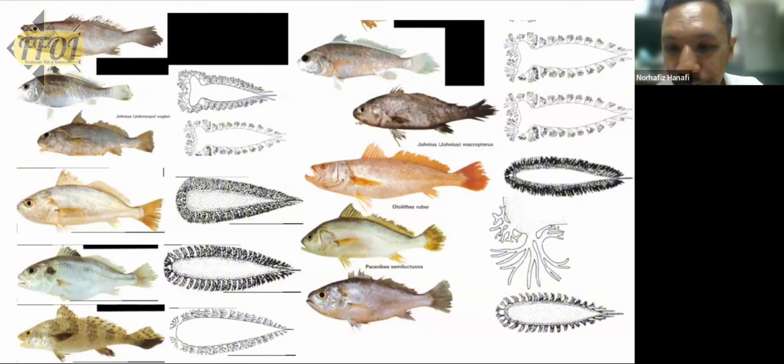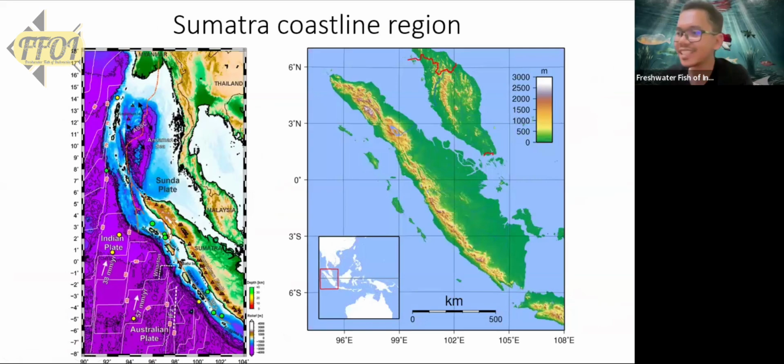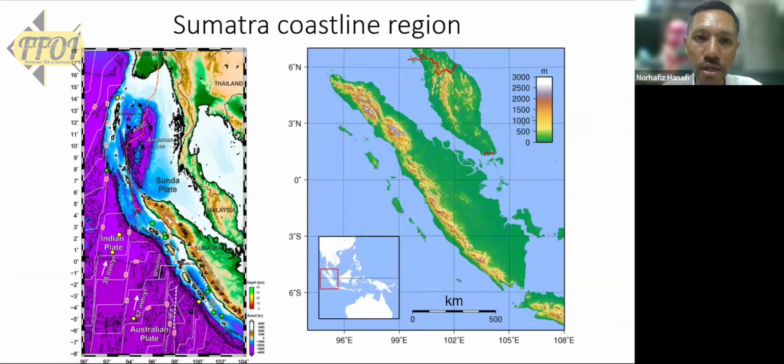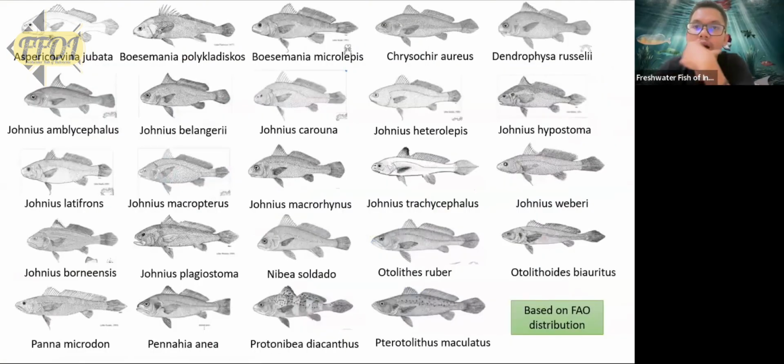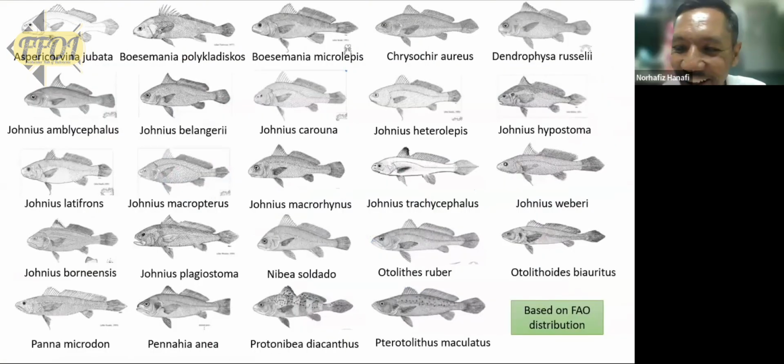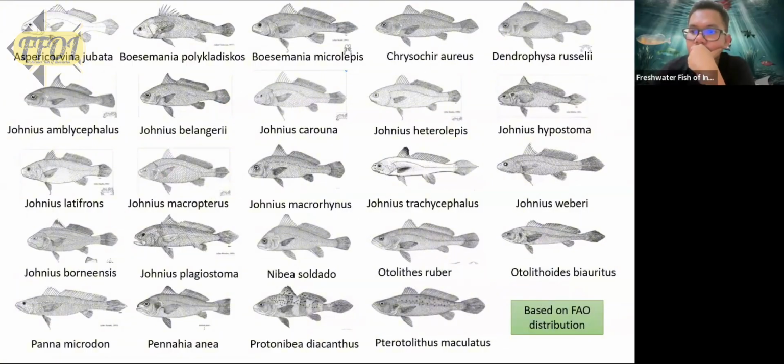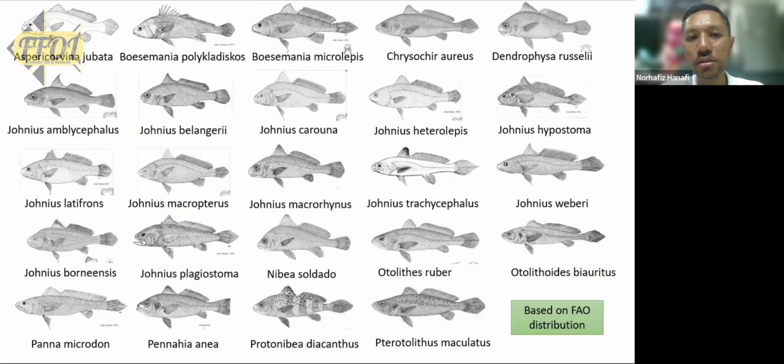Marcel, how many minutes do I have? Actually, it's already over. Already? Okay, last, Sumatra. Yeah, yeah. Sumatra, actually I do the most work in Sumatra. Based on FAA distribution, Sumatra has almost a lot of genera. Yes. There's a lot of work for Sumatra, especially facing the Malacca Strait.